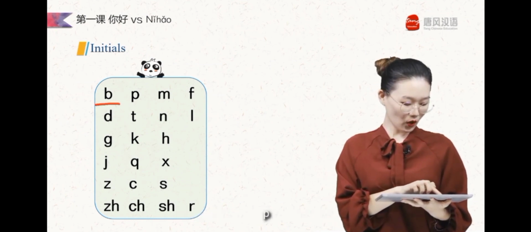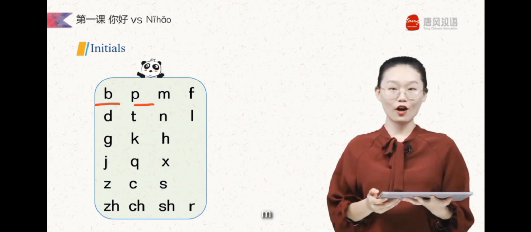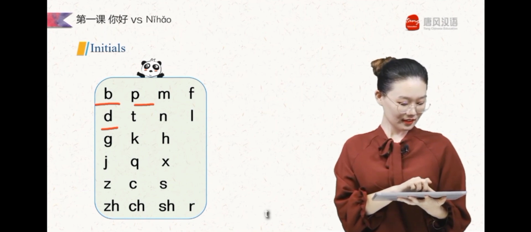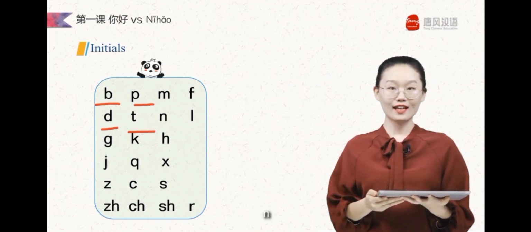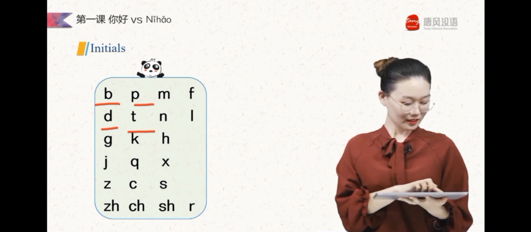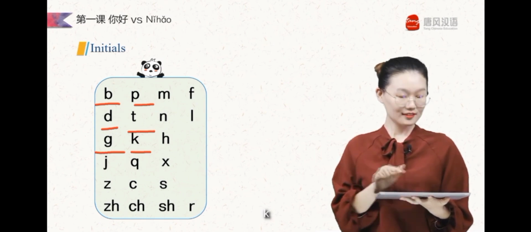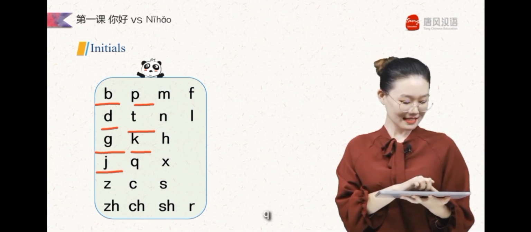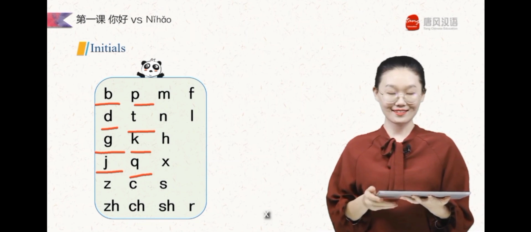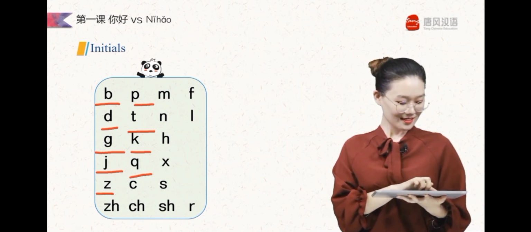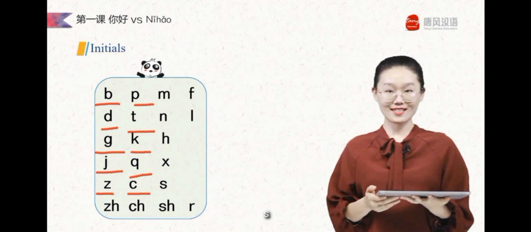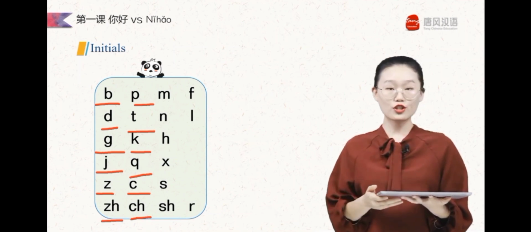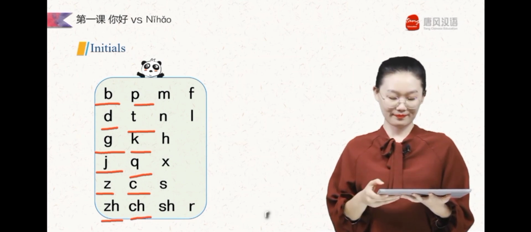Bo, po, mo, fo, de, te, ne, le, ge, ke, he, ji, qi, xi, zi, ci, si, zhi, chi, shi, ri.